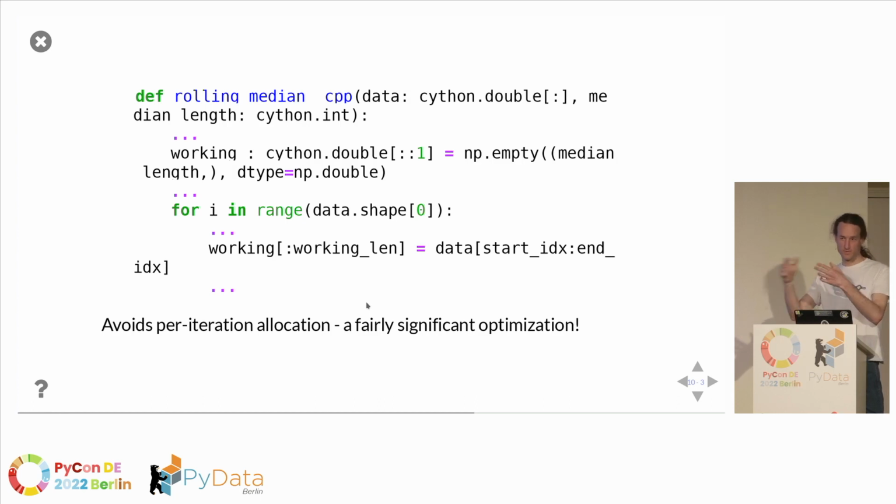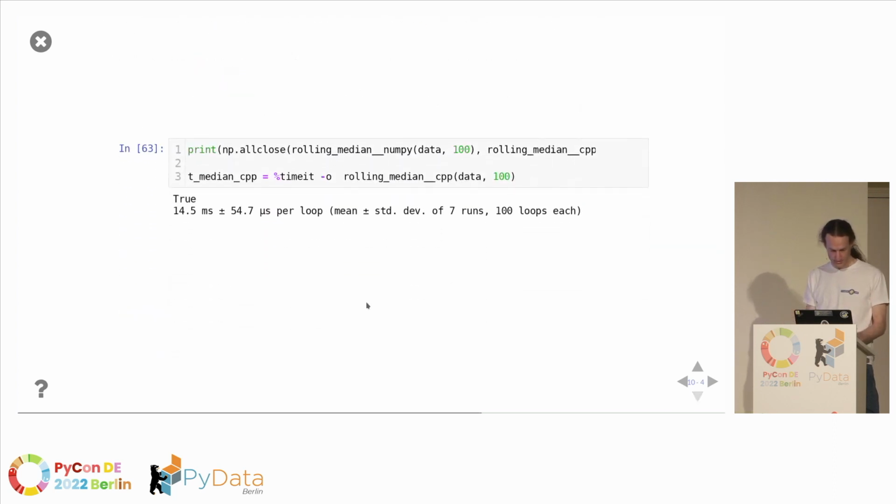So we need to create a new NumPy array view in order to represent our window. Here we are allocating the window data only once, and then reuse it by copying the data into it, right? And since it's a fairly small window, this makes a big difference because we don't need to allocate data along the way. Okay, how fast is that?